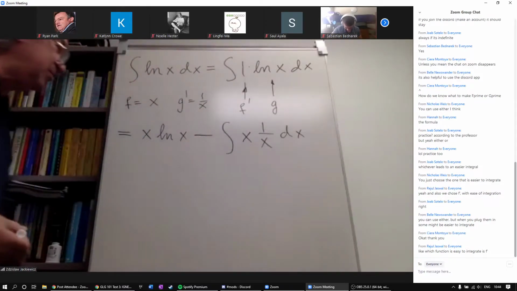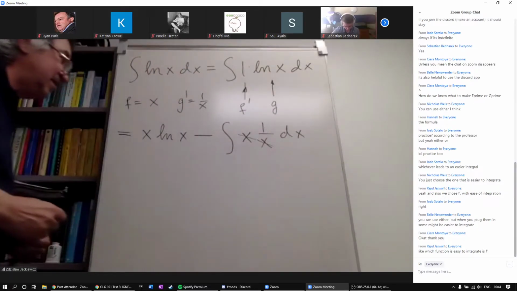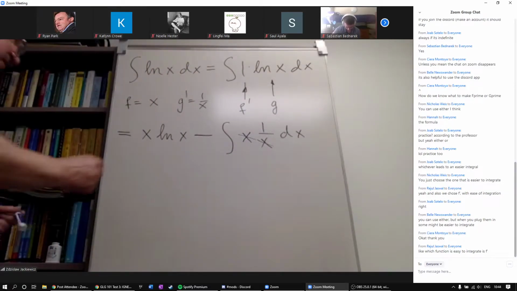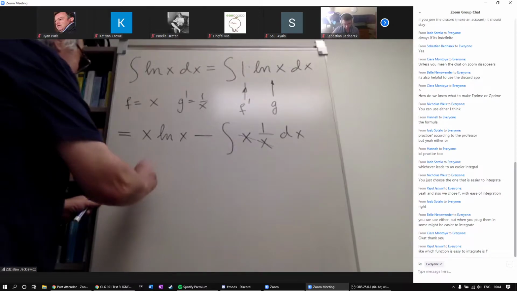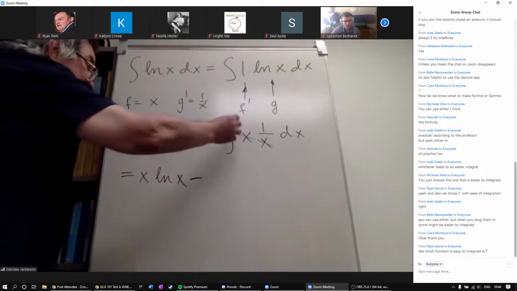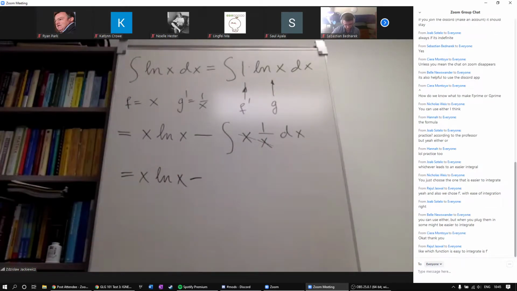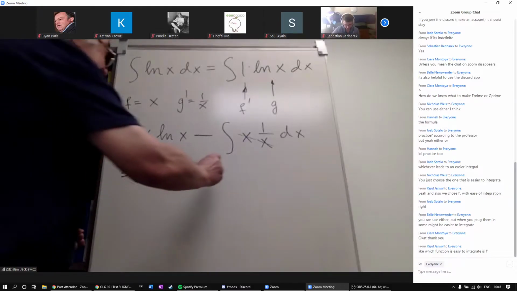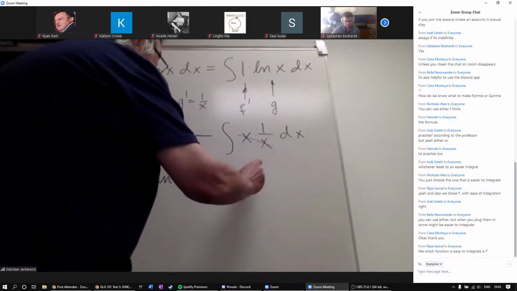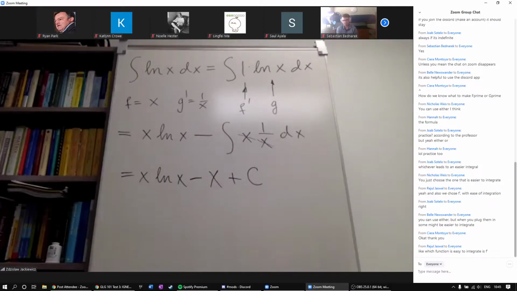Now you see that x cancels, and the final answer is x ln of x minus integral of 1. Well, the integral of 1 is x. We finished. We can put a constant of integration if you want.